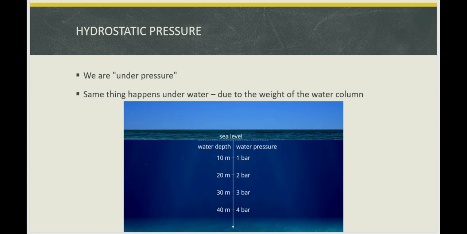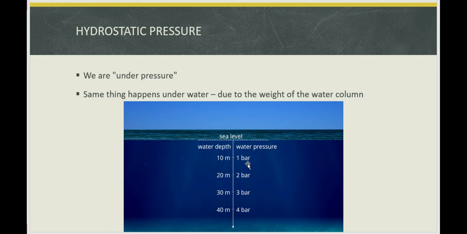However, water is much, much denser than air, all right? So the same thing happens due to the weight of the water column, just like it happens due to the weight of the atmosphere. But because water is so much denser, it happens over much, much smaller distances. If you are at sea level and you go down 10 meters, that's the equivalent of 1 atmosphere or 1 bar.